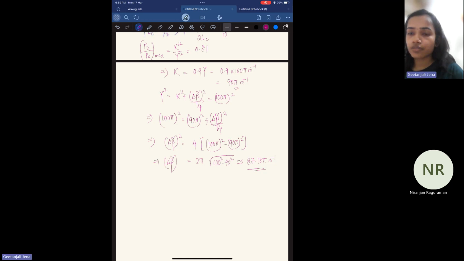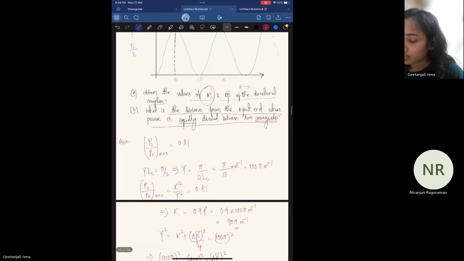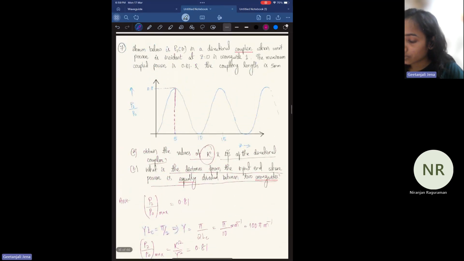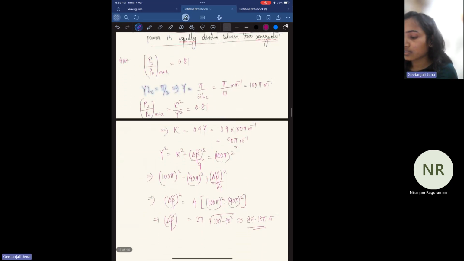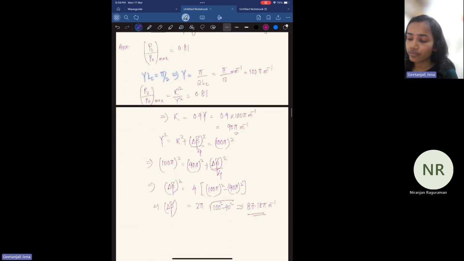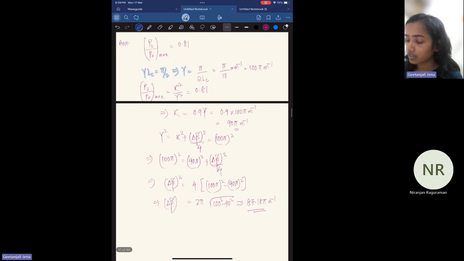This is the first part of the question. In the second part, we need to calculate the distance from the input end where the power is equally distributed between the two waveguides. So this is like asking what is the interaction length for a 3 dB coupler.